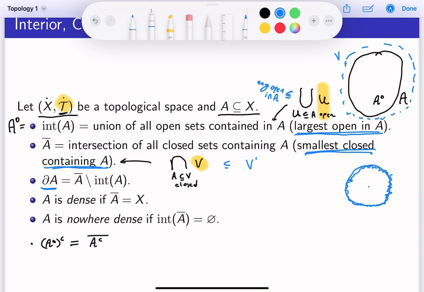Okay? We're going to say A is nowhere dense if the interior of its closure is empty.